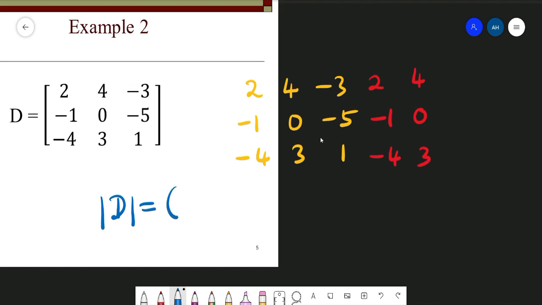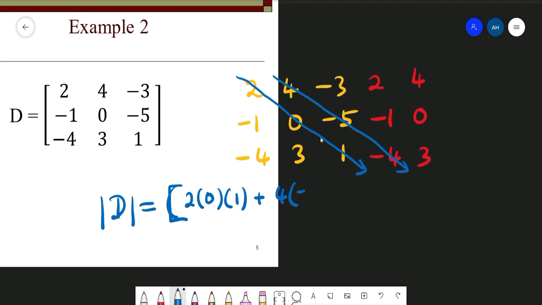The determinant of D will be equal to, maybe you can use this bracket here, 2 multiplied by the numbers on this first arrow. That is 2 multiplied by 0 multiplied by 1, plus. Now the second arrow will be this, and the numbers on this arrow will be multiplied. That is 4 multiplied by negative 5 multiplied by negative 4.